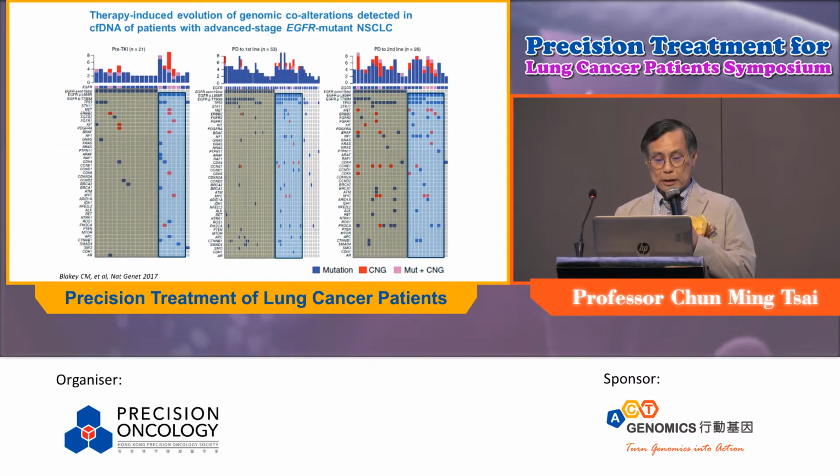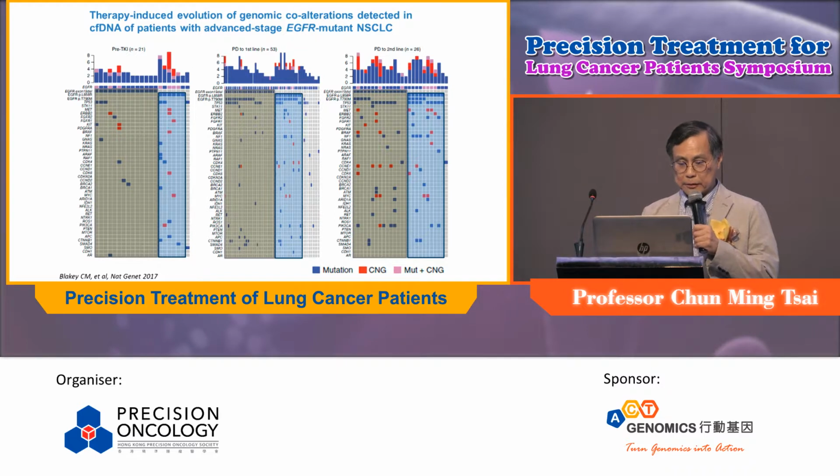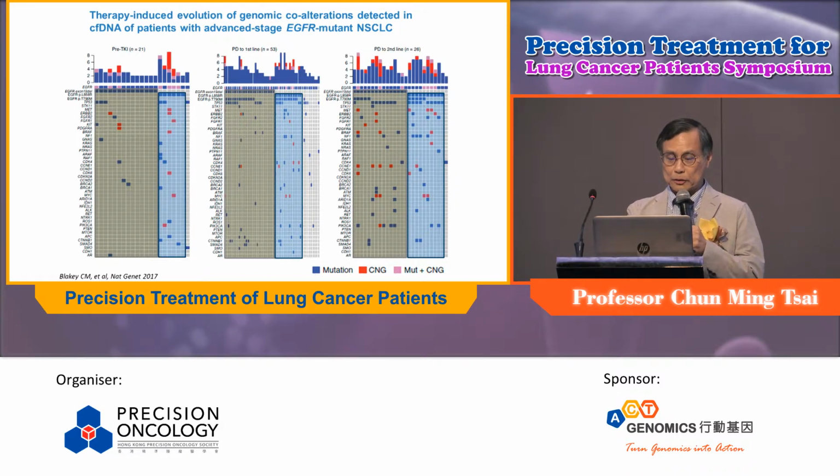Okay, in this slide, the left column shows the patients who are TKI naive. After treatment, the molecular changes get more and more with first-line treatment or post-first-line, second-line treatment. You can see more and more genetic changes. But what I highlight here is the very last column.